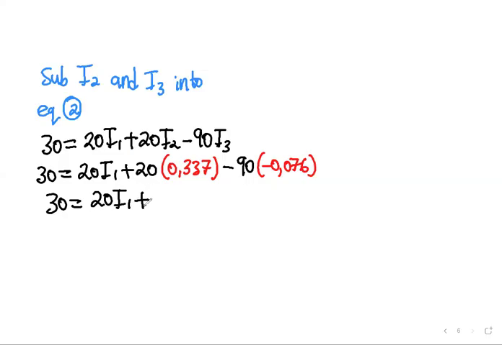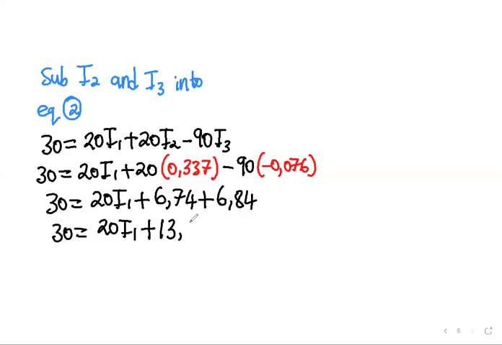So from here you'll say 30 equals 20 I1, and then plus 20 times 0.337, it gives you 6.74. You write it as it is. Then negative times negative is positive, 90 times 0.076, that's 6.84. Then 30 equals 20 I1 plus 6.74 plus 6.84, it gives you 13.58.